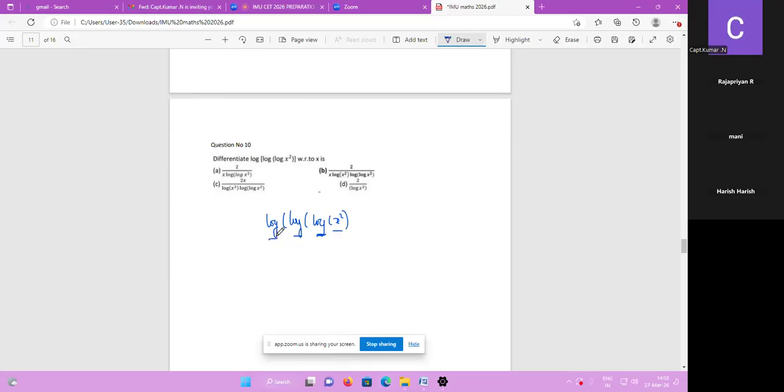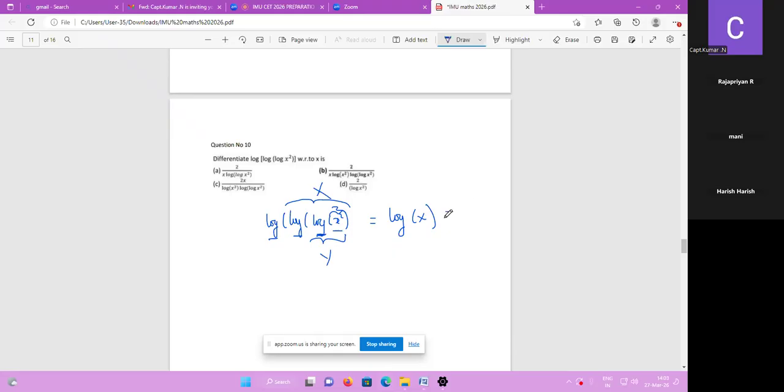So I'm dealing with 4 different functions. Now take this as a capital X, which is nothing but log of x square. Take this as y, and this is e to the z.